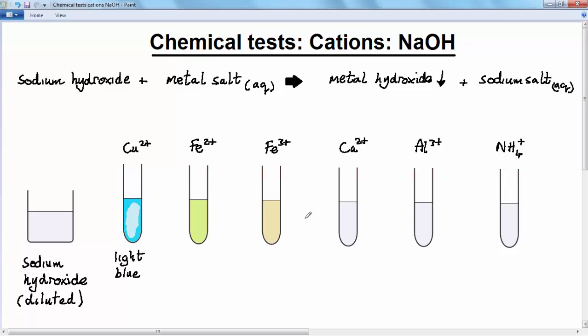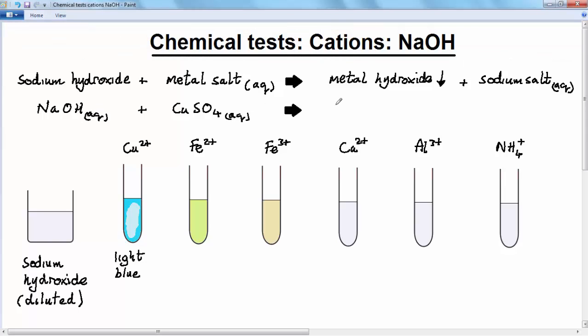I'm not going to do it for the other five, but just so that you can understand this generic equation. In this particular case what we've got is sodium hydroxide plus copper sulfate. For example, this could be a solution of copper sulfate or copper chloride. I'll just choose the copper sulfate, again aqueous.